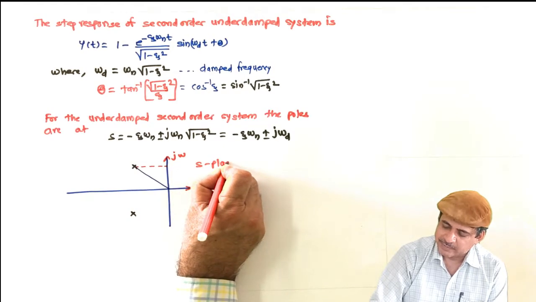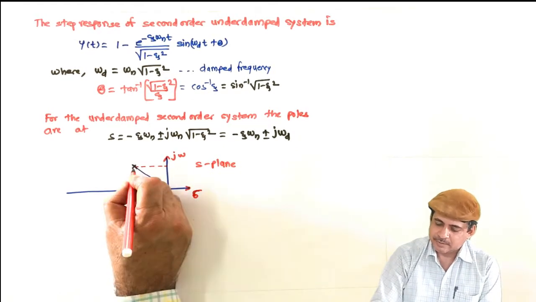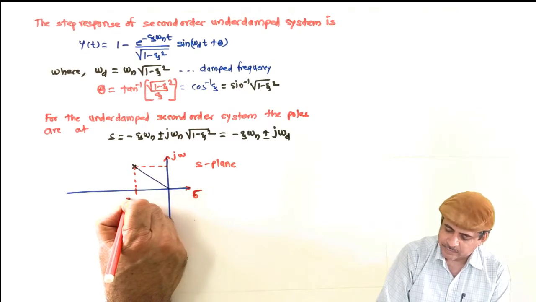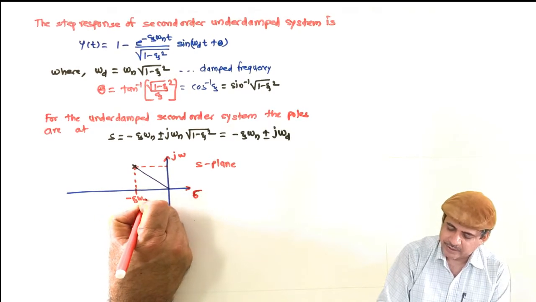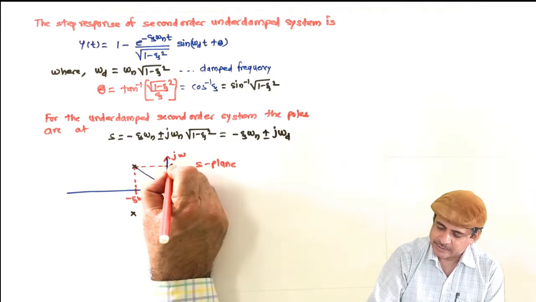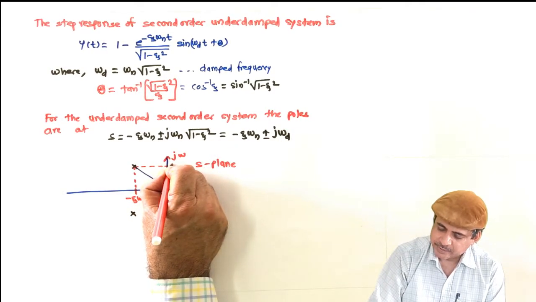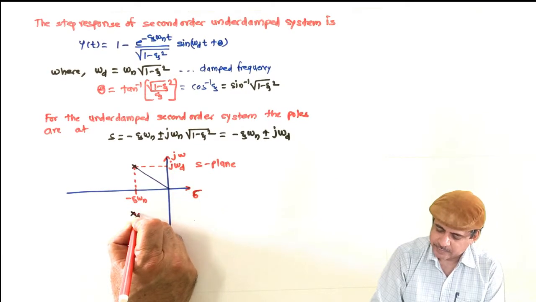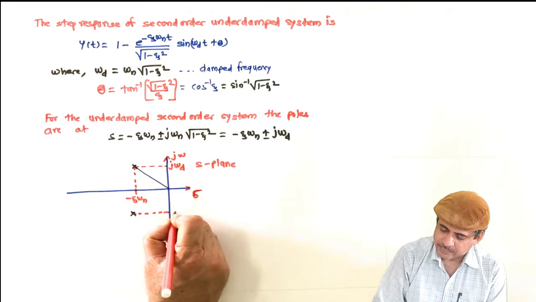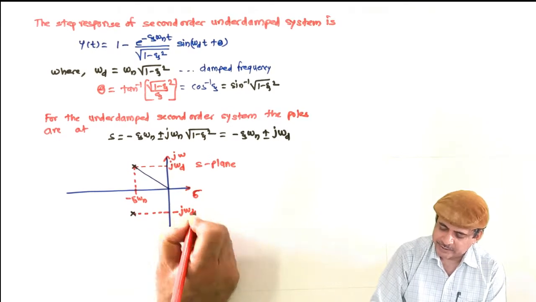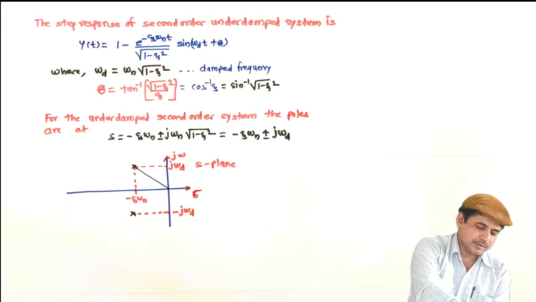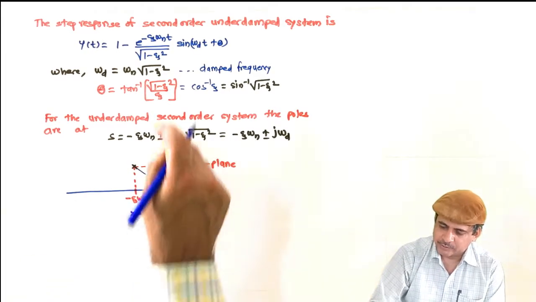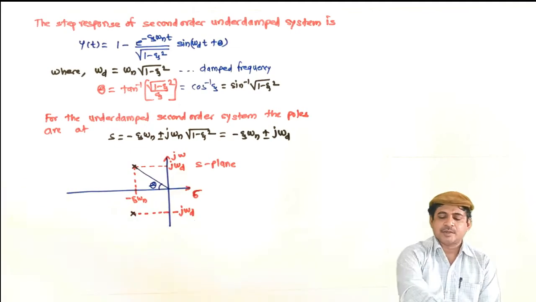So this is the s plane, and this thing is minus zeta omega n, whereas this is j omega d, minus j omega d, and this angle is given by theta. So this is the theta, this one.